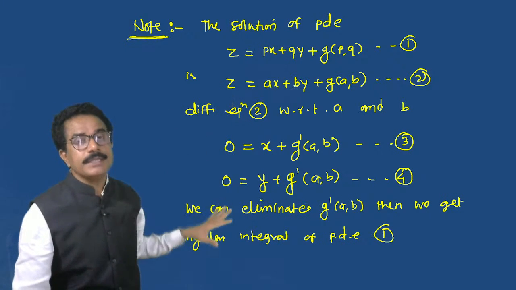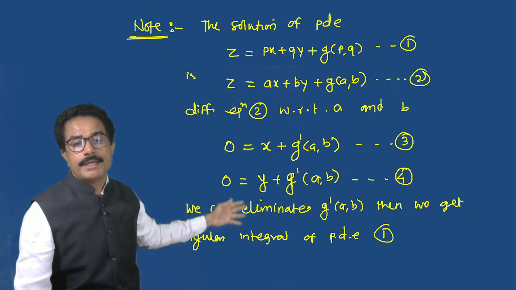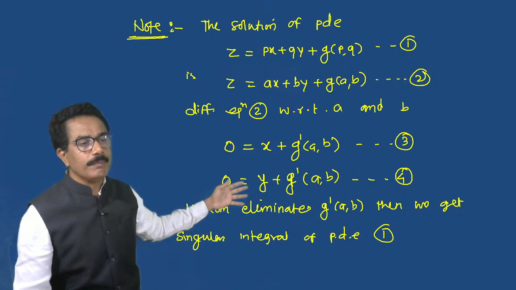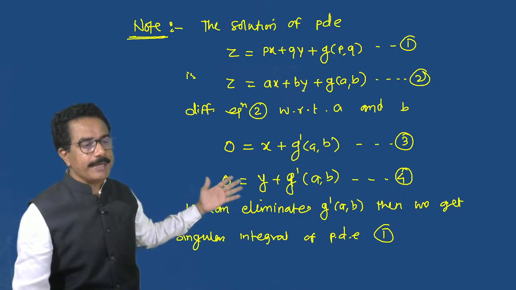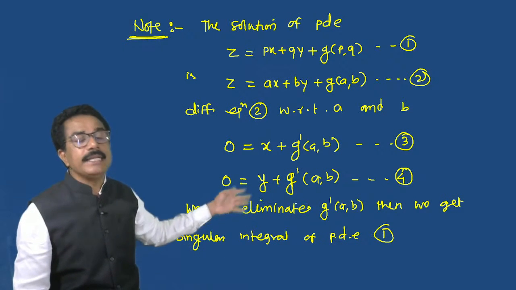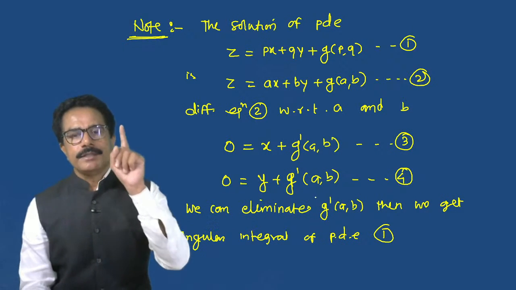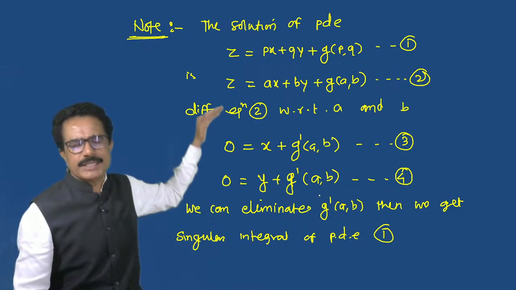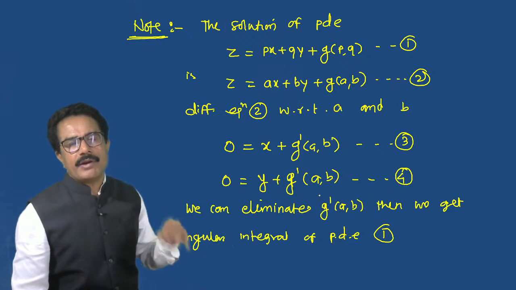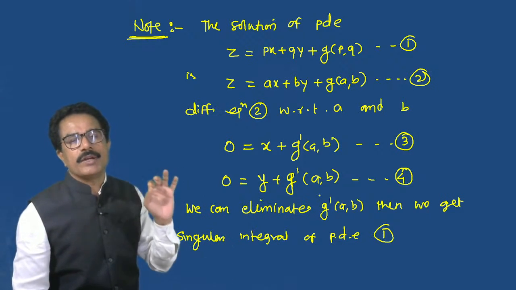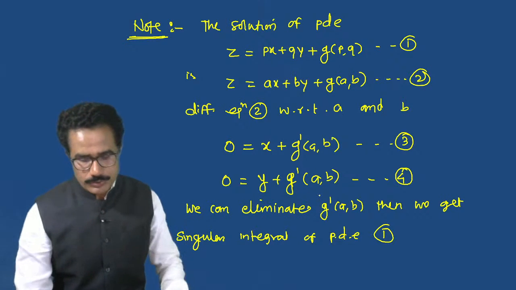We can obtain the particular solution in this way: differentiating equation 2 with respect to a and b, then eliminating a and b. In the Clairaut form, we can obtain the particular solution also. So we shall take examples based on this.